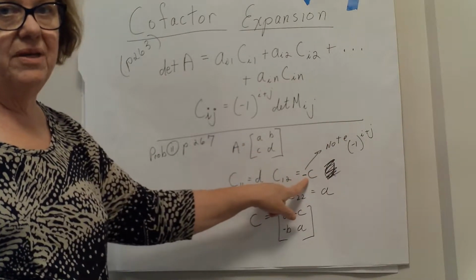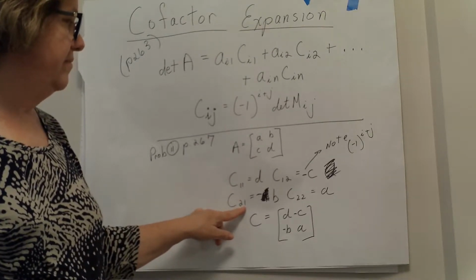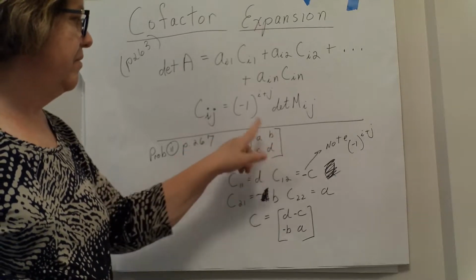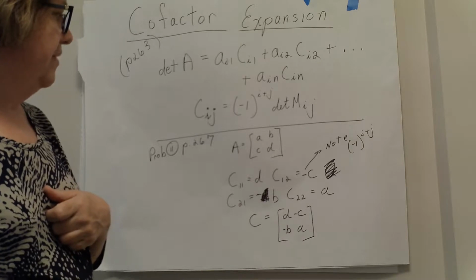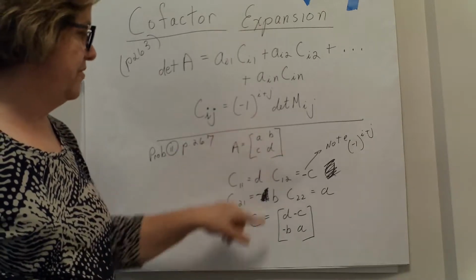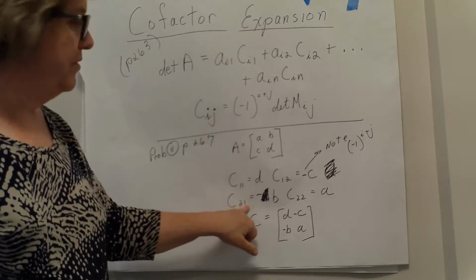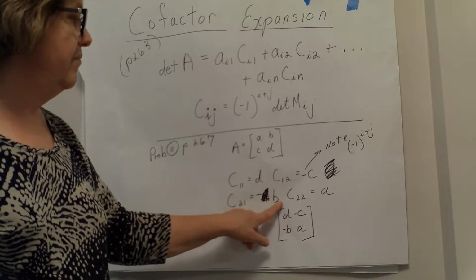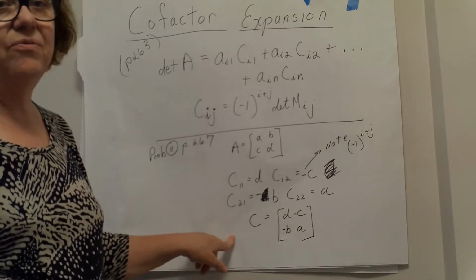So this would have to be a negative. C21 is what we're left with when we eliminate the second row, first column, so it's just B. But notice 2 plus 1 is 3, so -1 to the 3 is -1, so it's negative B. So we get what he calls a cofactor matrix.